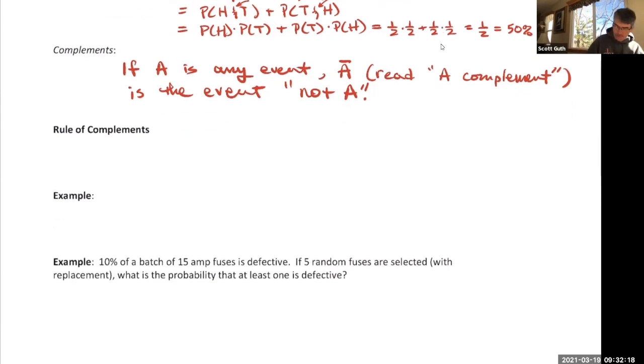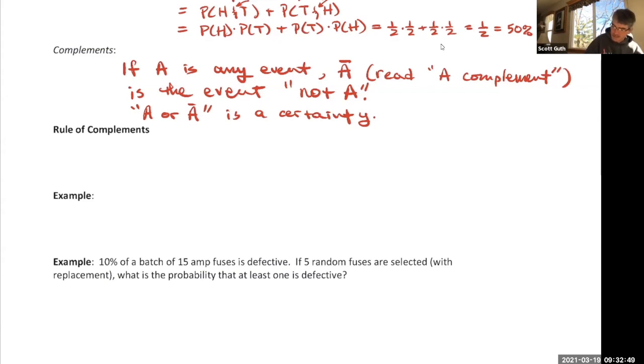Okay, so the rule of complements, just want to make a note. If I say A or A complement is a certainty, what I'm saying is either that event will happen or not, it doesn't matter what it is. That's a certainty.